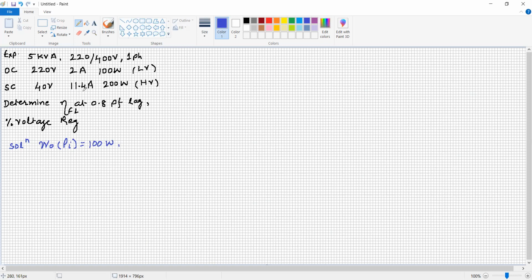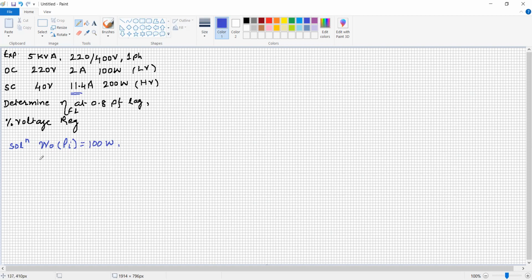But first of all, we have to identify whether this current is the full load current or not. So under such a condition, we will try to calculate the full load current of the transformer.